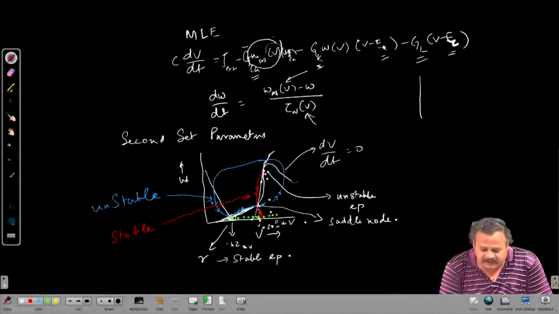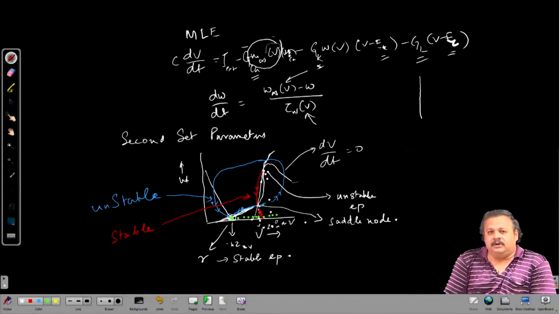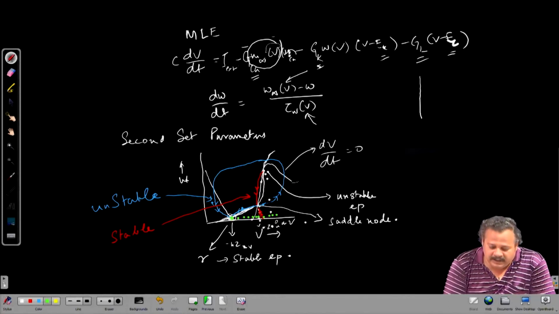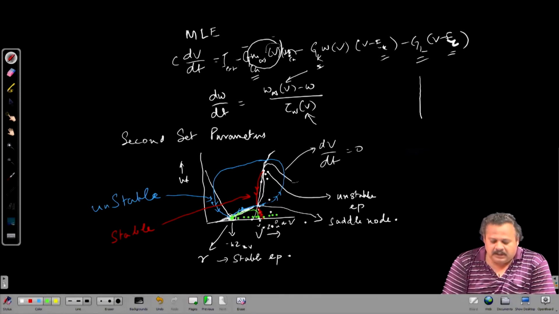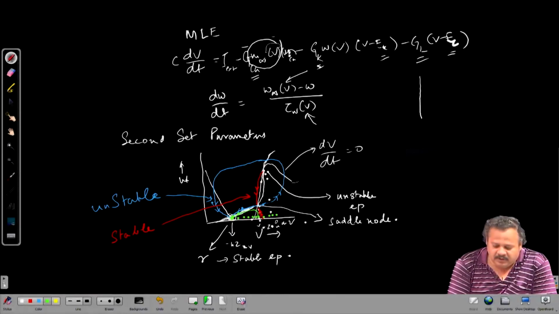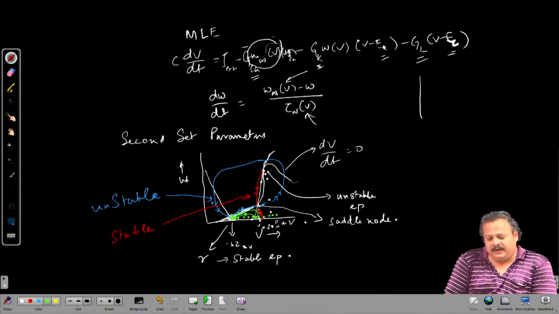So trajectories to the left of this stable manifold will end up going like this and like this into this stable node. Anything that is to the left of this stable manifold will go back to the resting membrane potential, that is minus 42 millivolt.